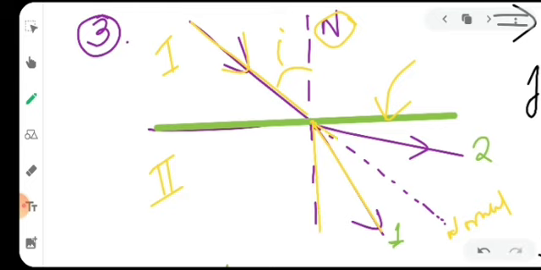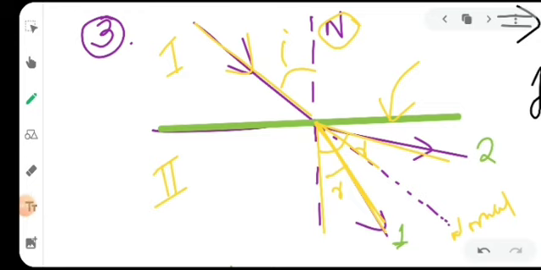As you can see, if this was the path, this is towards the normal, and this is actually moving away from the normal. Whether it is moving away from or towards the normal should be found out, and that is what indicates the deviation.